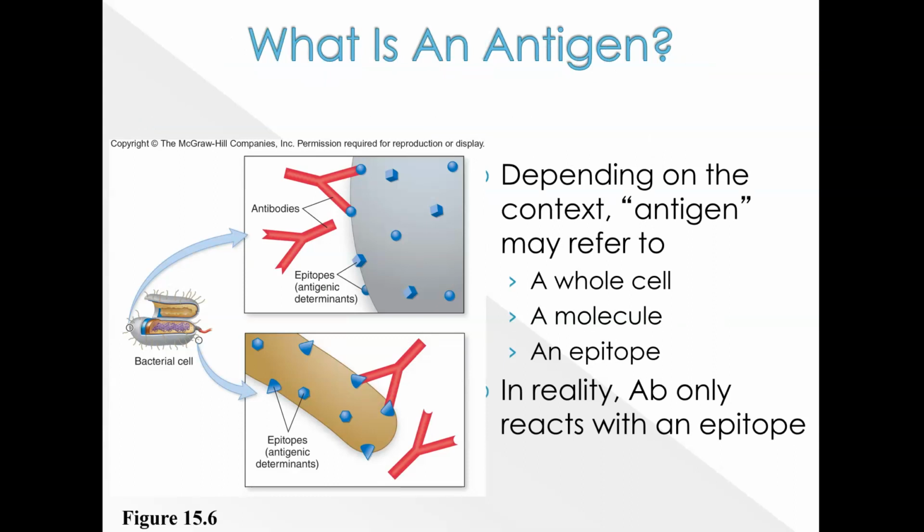So typically when we talk about an antigen, it's something that can be recognized usually by an antibody. And remember, antibodies are secreted by B cells. So let's imagine that this bacterium is E. coli. We could say E. coli is antigenic.